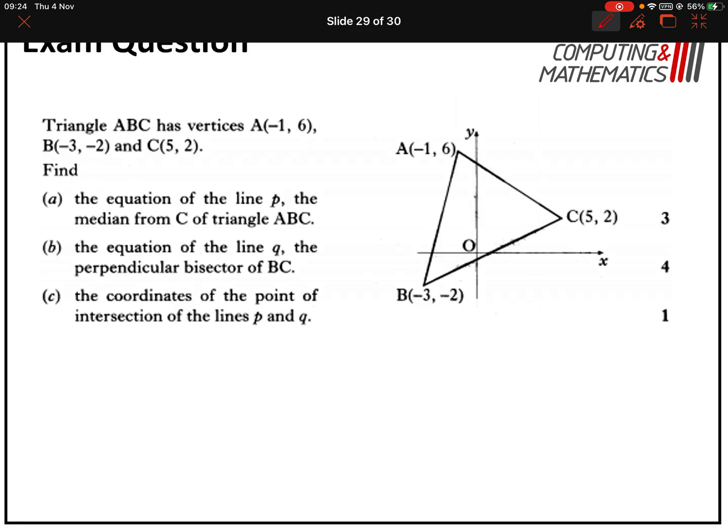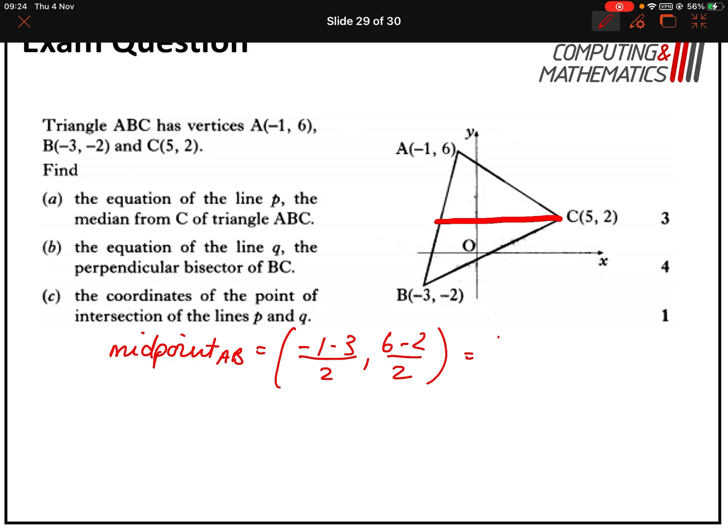Okay, so last one, we want the equation of the line from the median, the median from C. Okay, so it's going to look like this. Okay, so I want the midpoint of AB. So I would get minus 1 minus 3 over 2 and 6 minus 2 over 2.